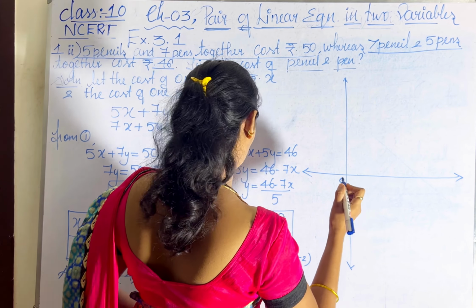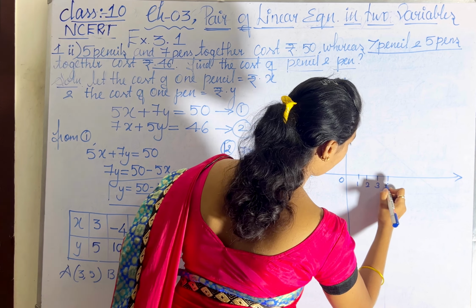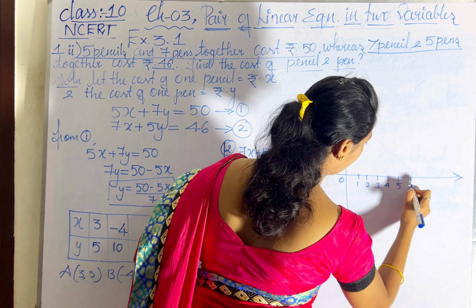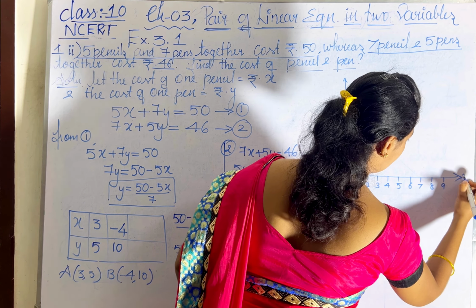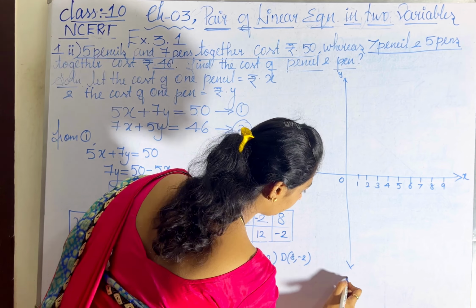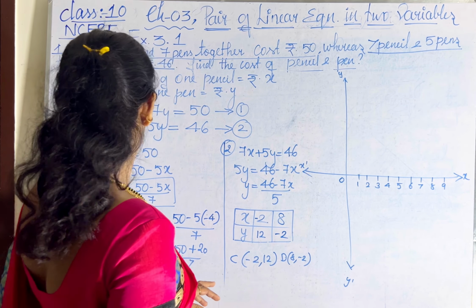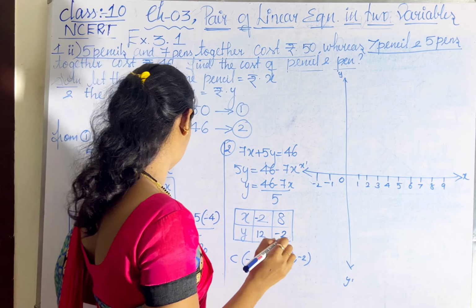So maximum we want on x 1, 2, 3, 4, 5, 6, 7, 8, 9, etc. So x, x dash, y, y dash. So on negative side we have minus 1, minus 2 maximum.